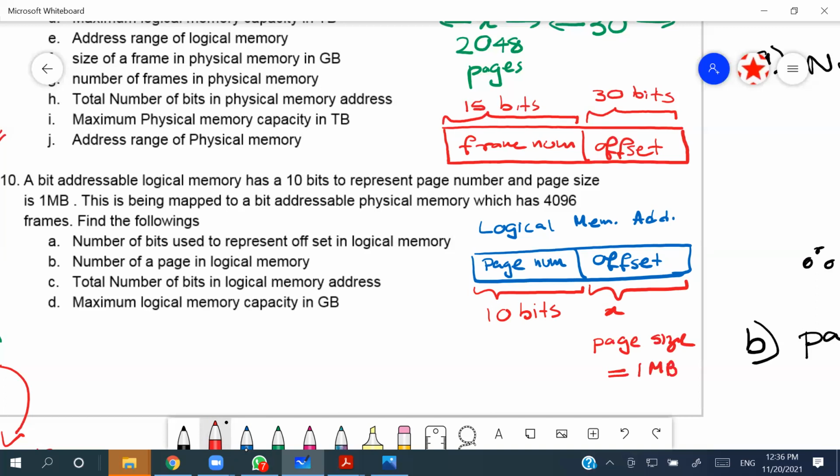And it says this is being mapped to a bit addressable physical memory. Both are bit addressable. Physical memory which has 4096 frames.